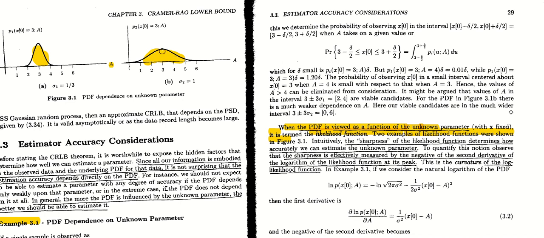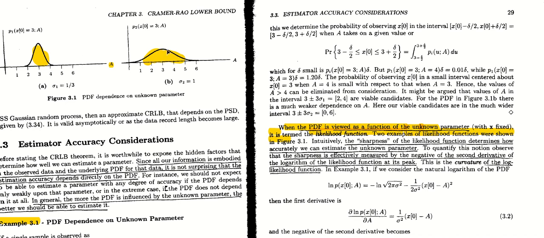Most likely, we are going to take 3, because 3 corresponds to the highest point in the likelihood. In other words, that's the maximum point in the likelihood. And it's the same here.